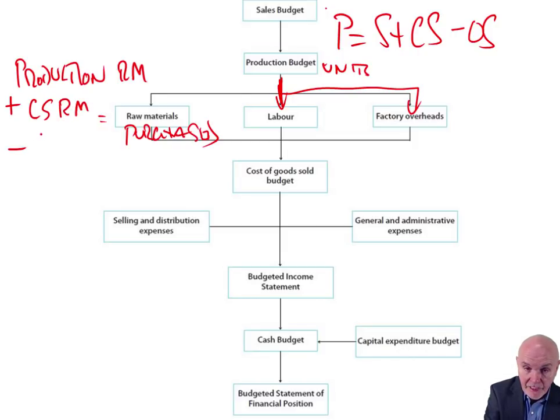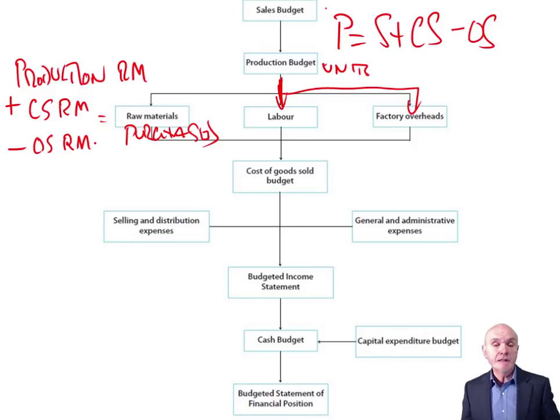But we again have a head start. We already have some opening stock of raw materials. So what we're going to purchase in any particular period is the raw materials used in production plus what you want to be in closing stock, less what's already in opening stock.